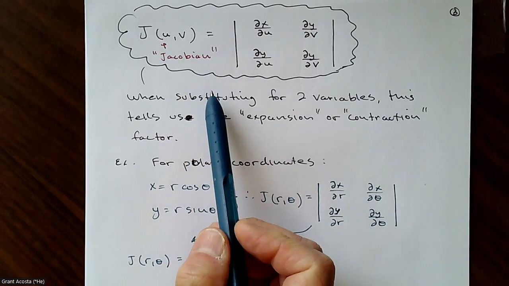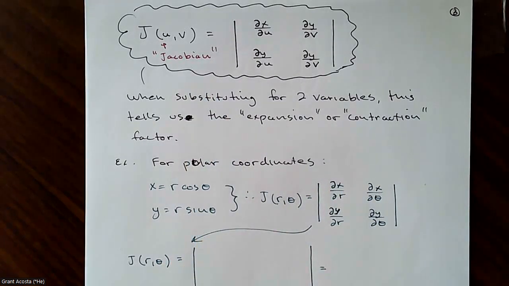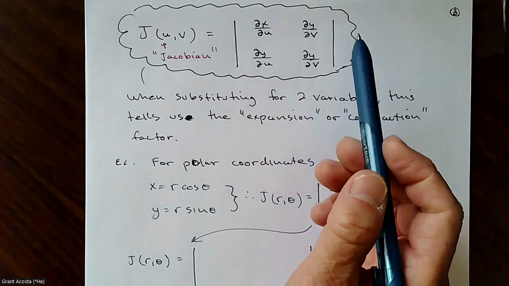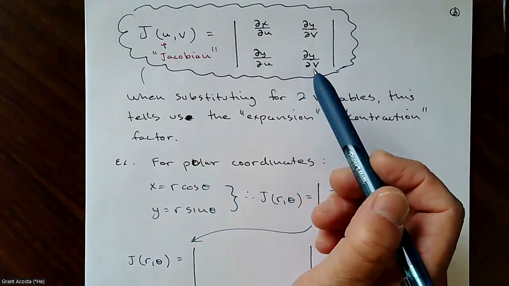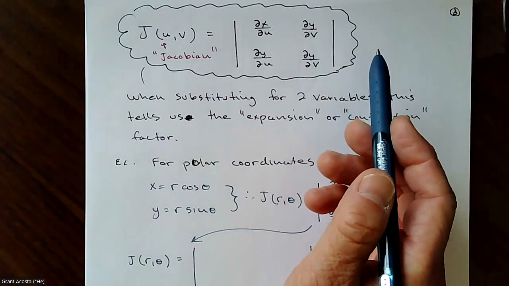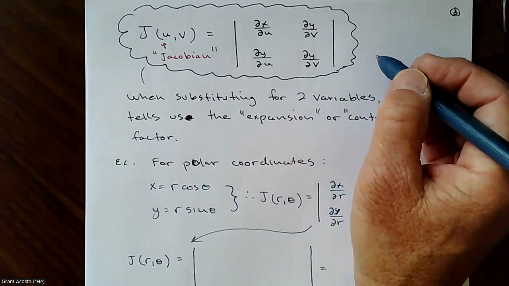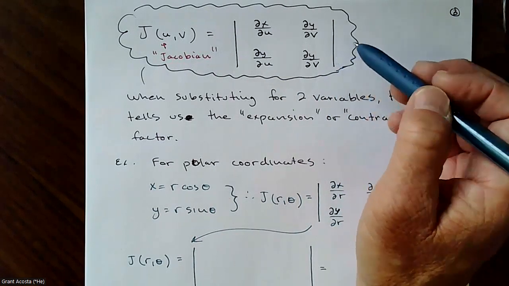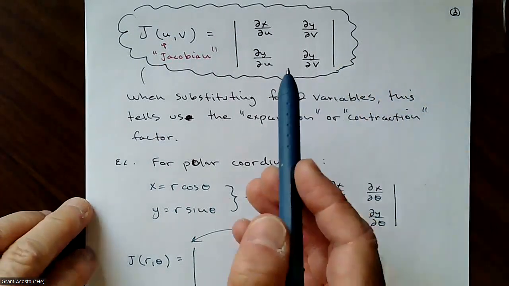But what happens if you're doing a substitution with two variables? Normally in single variable calculus, we just let u equal one thing, and that's it. But now we have the ability where we can let x be something and y be something else, or u be something and v be something else. That's probably more how it's going to look. Instead of just a u substitution, we can do a u and a v substitution.